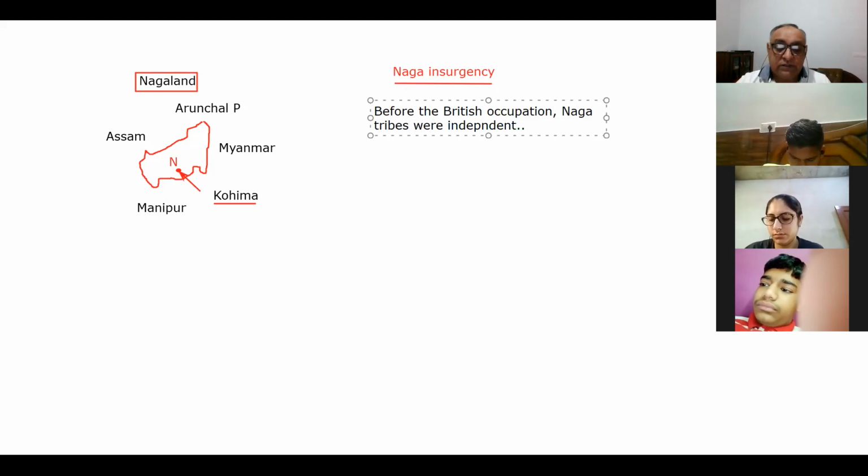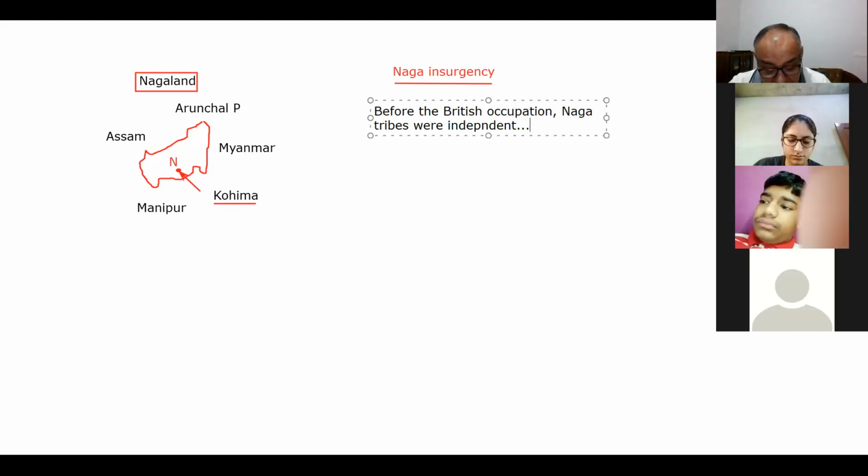And when Assam was annexed by the British government, with that Nagas started losing their sovereignty.